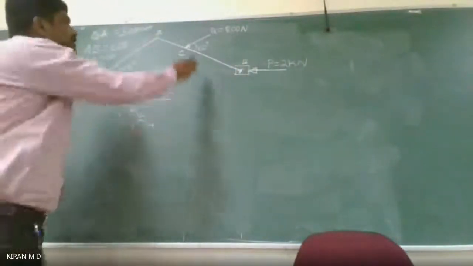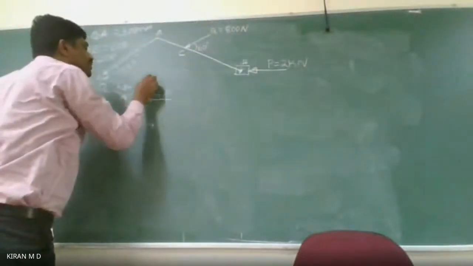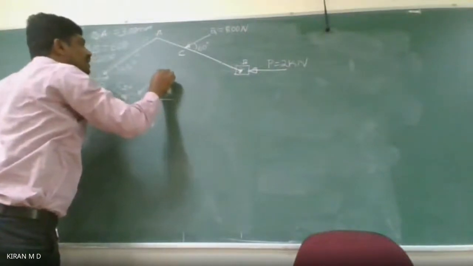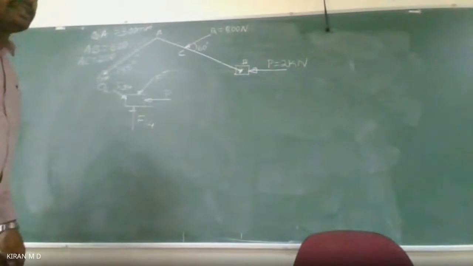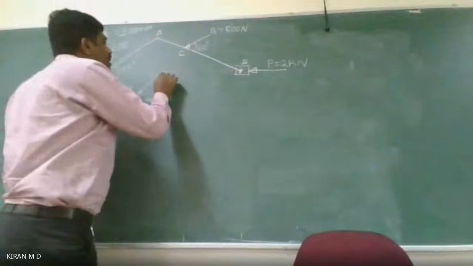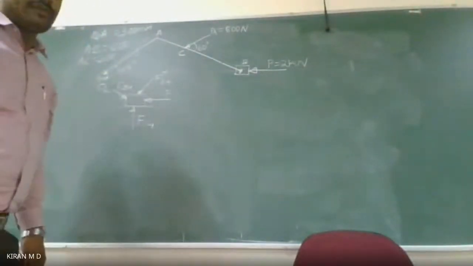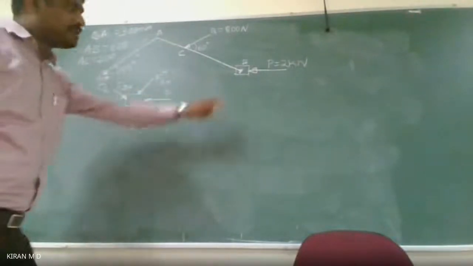So you are going to get this F, tangential force or traction force. This is F 3 on 4. Okay, these 4 forces will act on the piston.